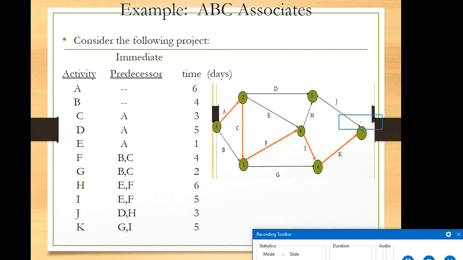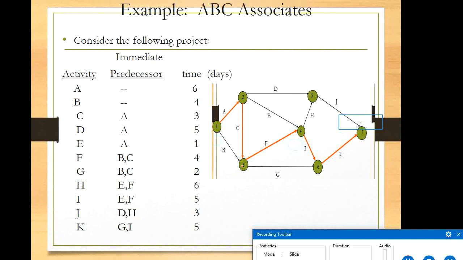This is A, B and C. Both B and C need to be completed to get G and F. A needs to be completed for E, and A for D. Both E and F need to be completed for H, and at the same time I also.